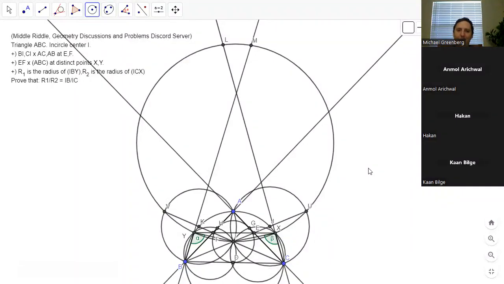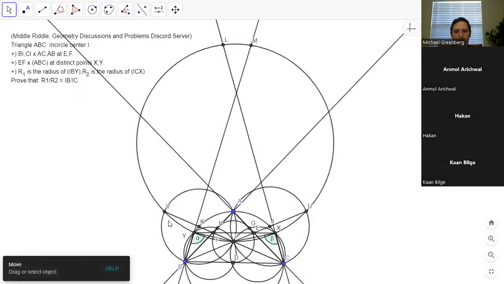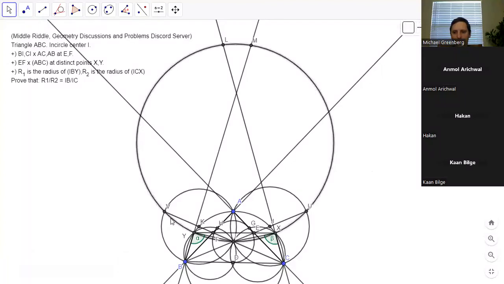I'm trying to show that angle IYM is IXL. So U is the BX center and V is the CX center. So Hakan basically showed that if BI intersects this, first we draw the circle IYX, and it turns out BI and CI intersected at U and V, which are the BX center and the CX center.